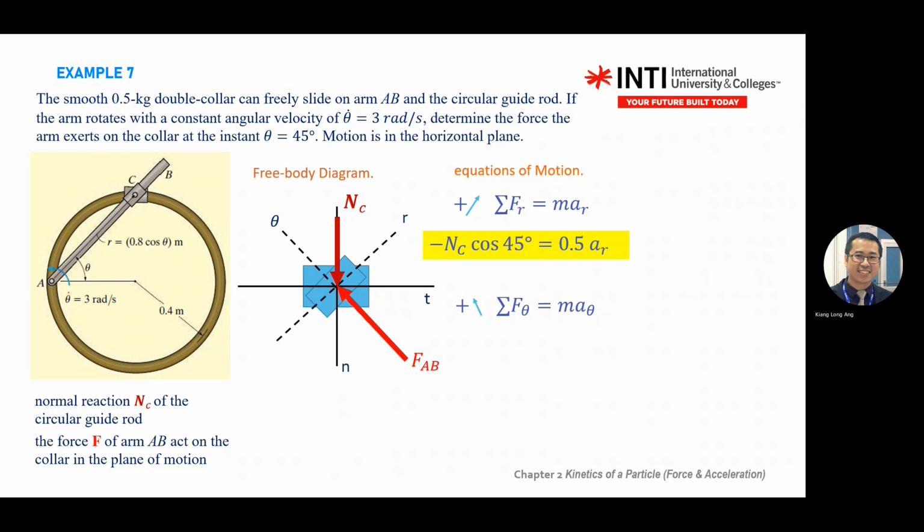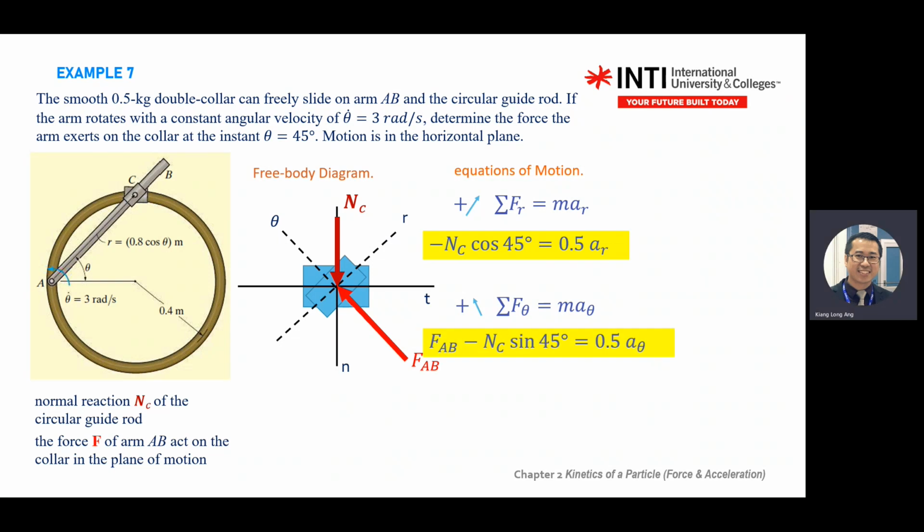Why 45? Because the question asks you for the angle at the instant 45. M is 0.5 kilogram. AR we don't know, so it just remains. Then theta is also the same. For the theta direction, you split this one and use AB. You should understand why AB cannot be grouped under the R direction. Okay, so you will arrive at this equation.